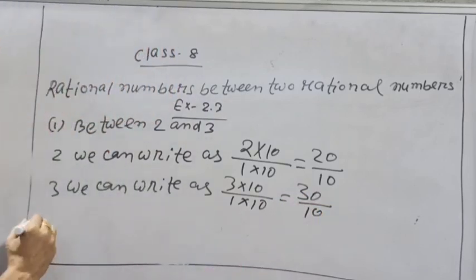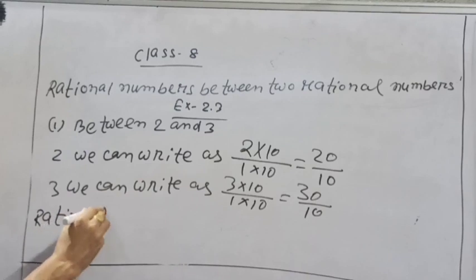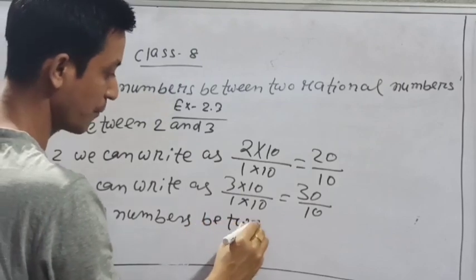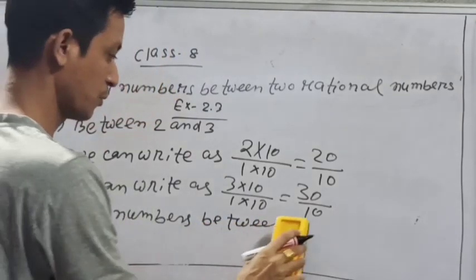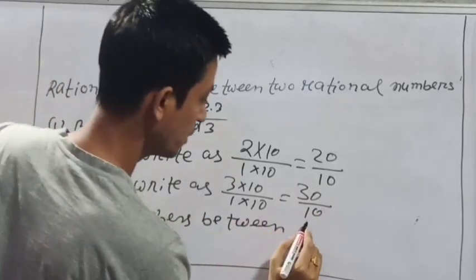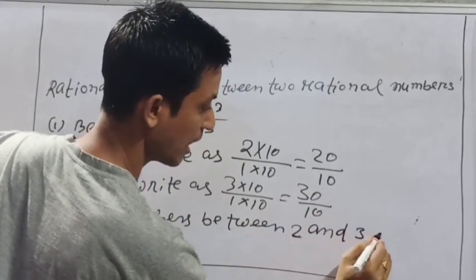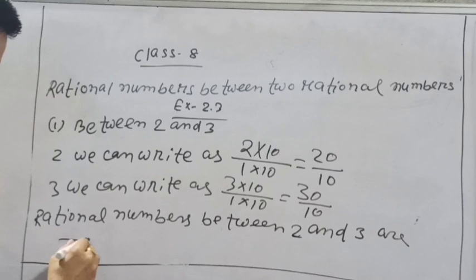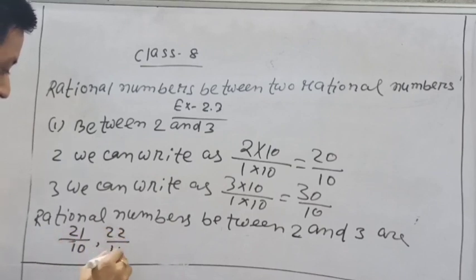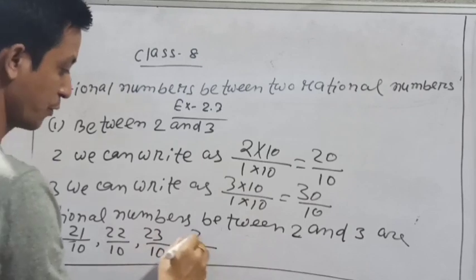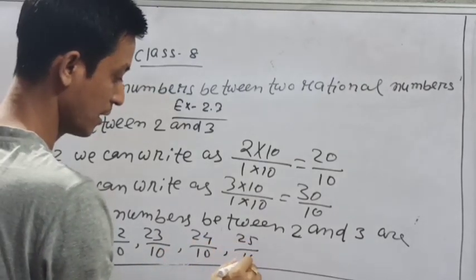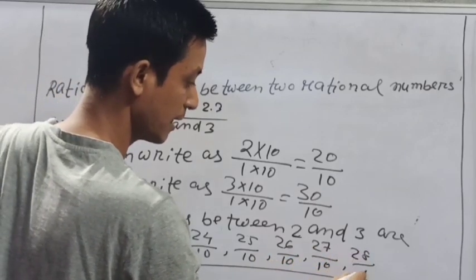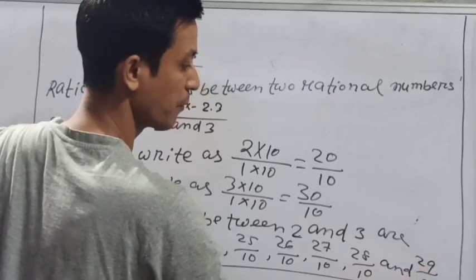So the rational numbers between 2 and 3 are what? 21 by 10, 22 by 10, 23 by 10, 24 by 10, 25 by 10, 26 by 10, 27 by 10, 28 by 10 and 29 by 10.